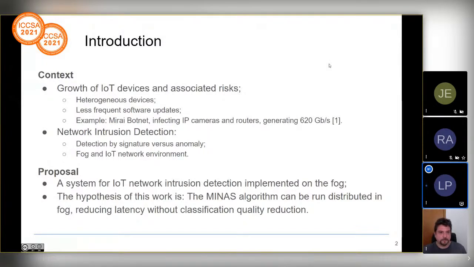To address such risks, network intrusion detection systems, especially those detecting anomalies, need to work well in IoT and fog scenarios. To that end, we chose a novelty detection algorithm to be ported in a fog scenario, intending to have a small detection latency without cloud degradation.